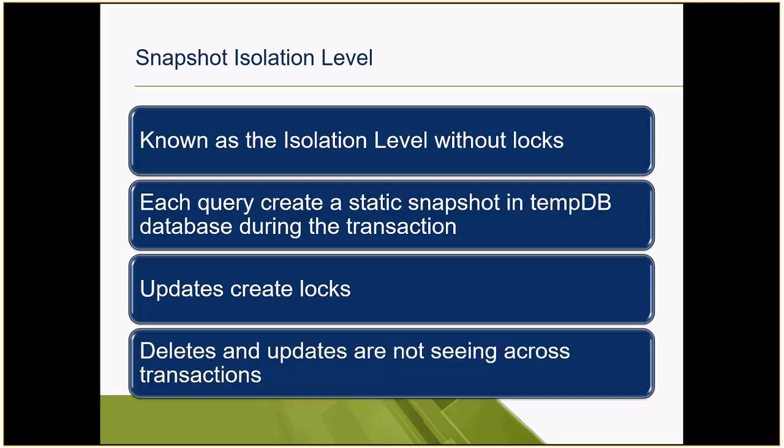Deletes and updates are not seen across transactions. In the example I explained, two transactions A and B are running at the same time. Even if transaction A is committed, transaction B will not see the deletes and updates made by transaction A because both were running at the same time.